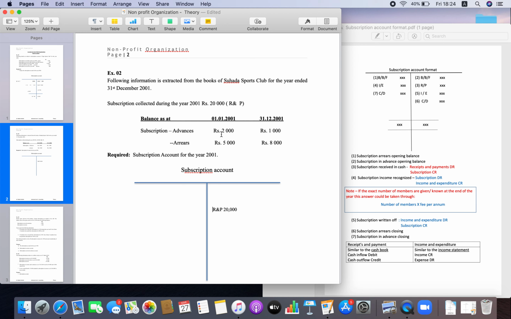Remember, advance 2,000 on 1st of January means opening. If it's advance, all opening balances as per the format should come on the credit side. So you go and mark that one: balance brought forward 2,000. That is an advance brought forward, so it should come on the credit side.